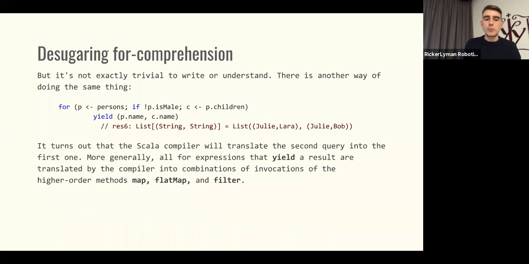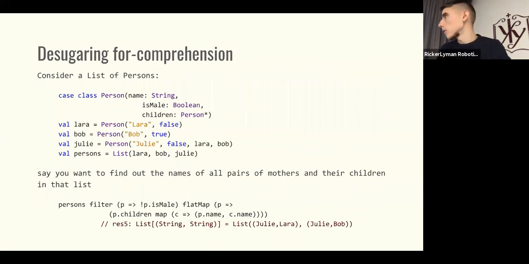So we can do this in a more concise way using for comprehension. And remember, in for comprehension, we can iterate through the collections, we can have filters with if, and we can yield values. So it turns out actually that the Scala compiler will translate this syntax to this first syntax, basically.